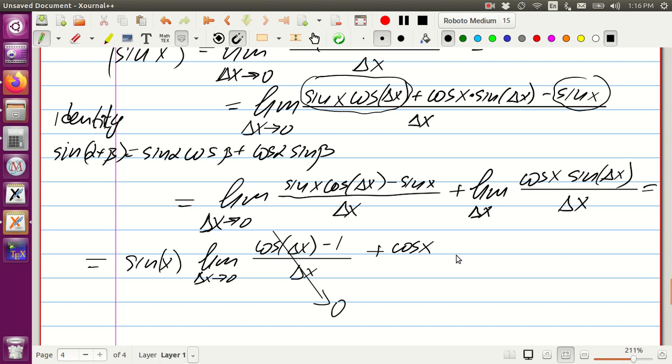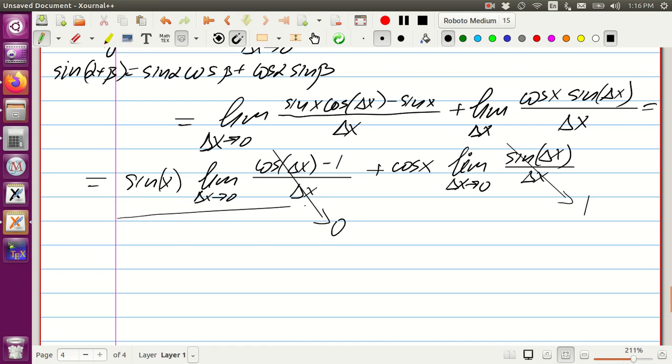All right, we're going to put it outside, and inside we have the limit of sine of delta x over delta x when delta x goes to 0. But that's our second hard limit. We know this hard limit is equal to 1.